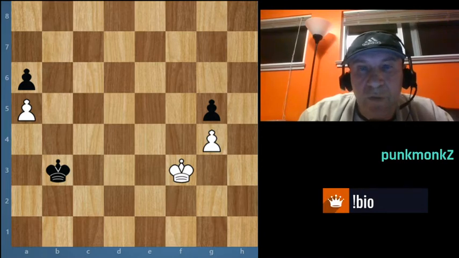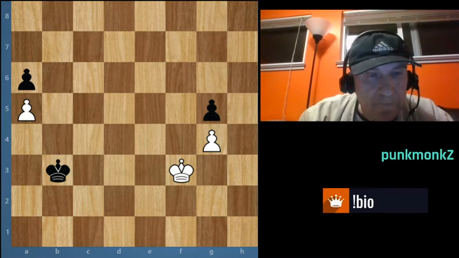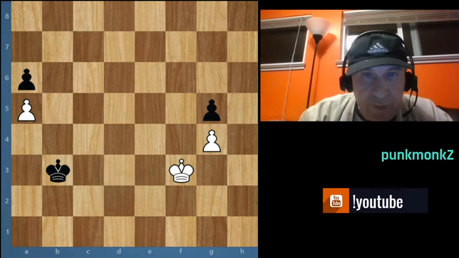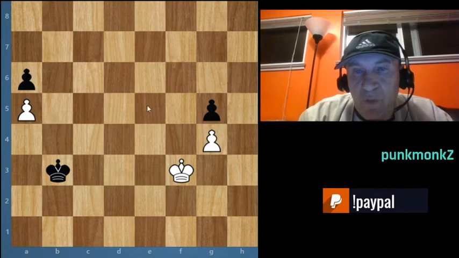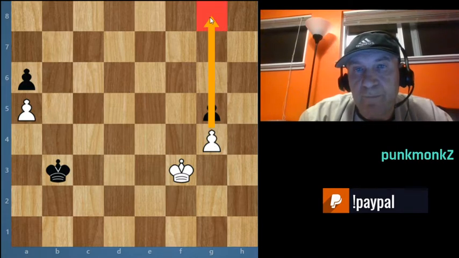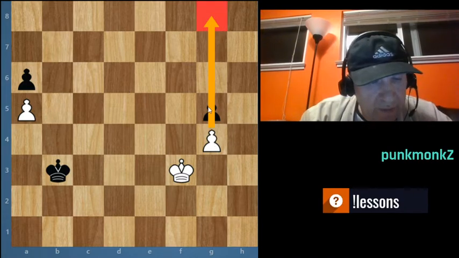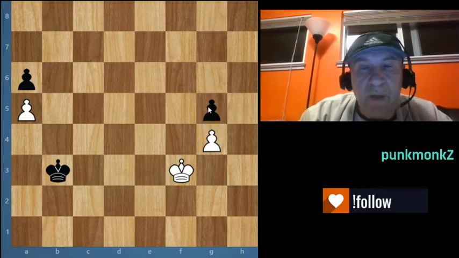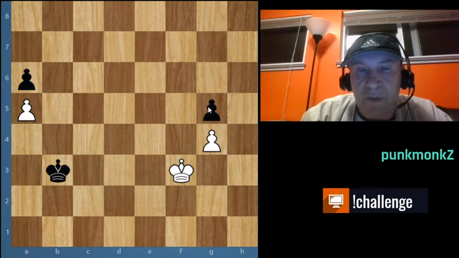So here's the position. How are we going to do this? That's the question. Well, let's say I want to promote this pawn. I want to make it a queen, right? That means I need to eliminate this pawn. Now, this is about counting squares or counting moves.